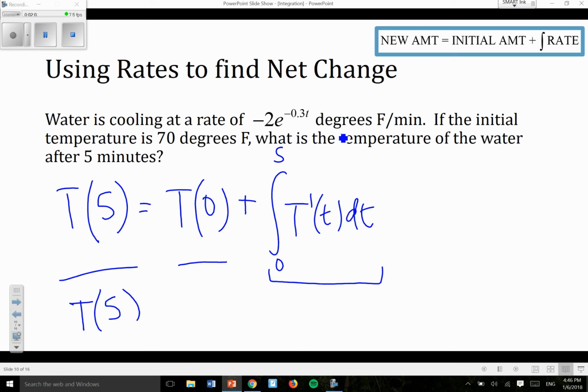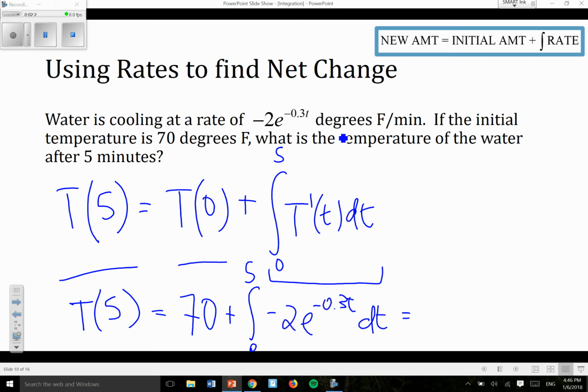So for this problem, my temperature at time 0, initially, is 70. And if I want to find the change in temperature, I can integrate from 0 to 5, because I want to go for 5 minutes, -2 e to the -0.3 t dt.